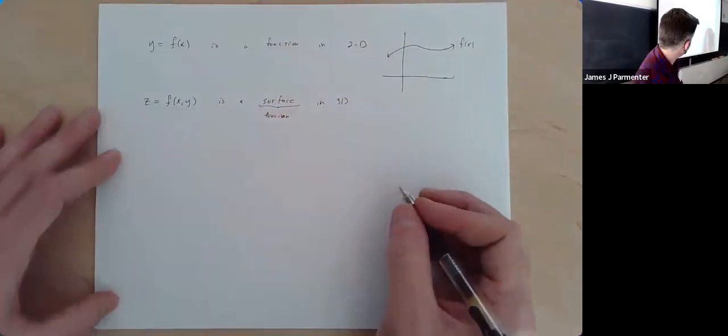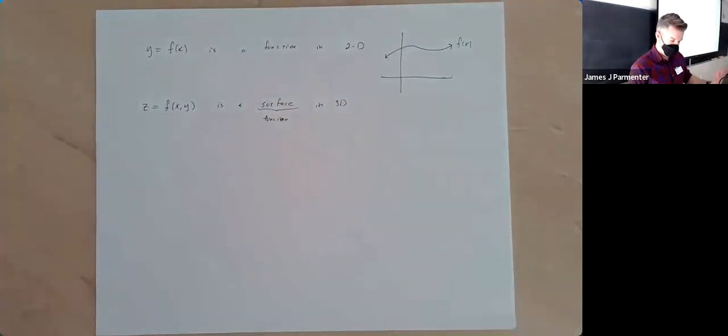I will definitely point out, drawing skills are important here. My drawing skills are not excellent. They've certainly gotten better over 20 some years, but they're still not great. So take it with a grain of salt.